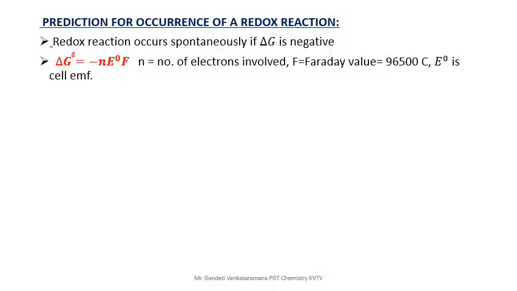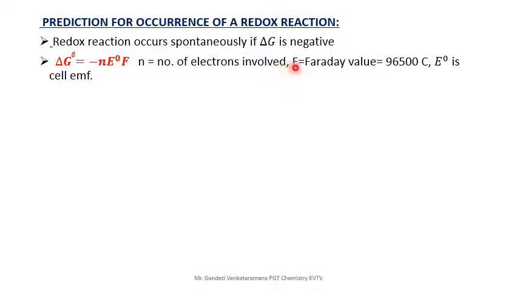So this formula is very important, dear students. You have to learn the formula by heart. This one, delta G naught equal to minus n E naught F. So what is n here? Number of electrons involved.